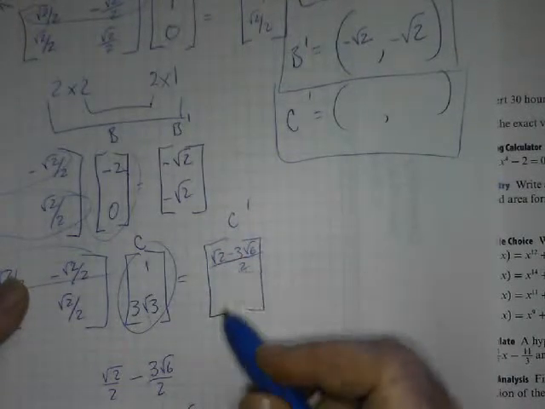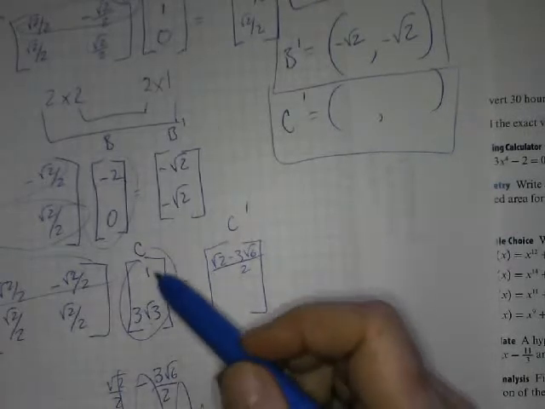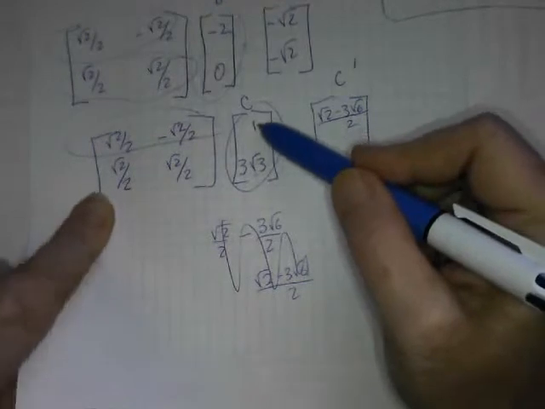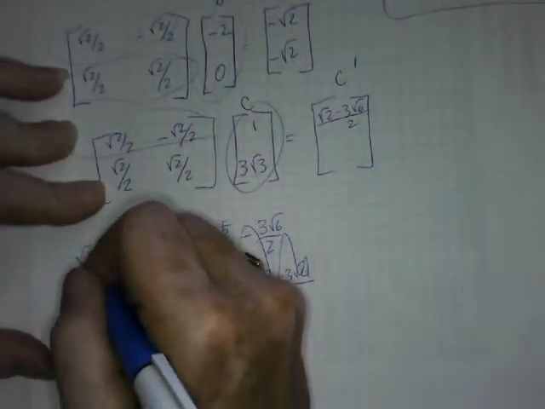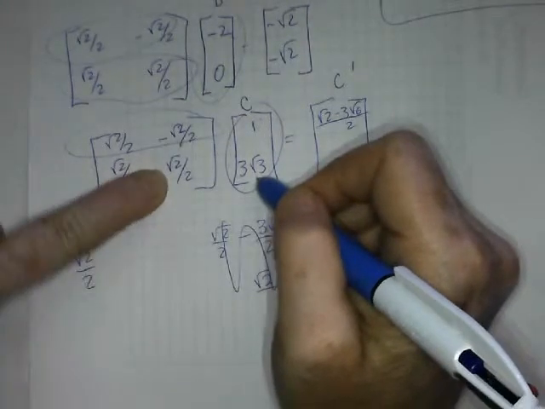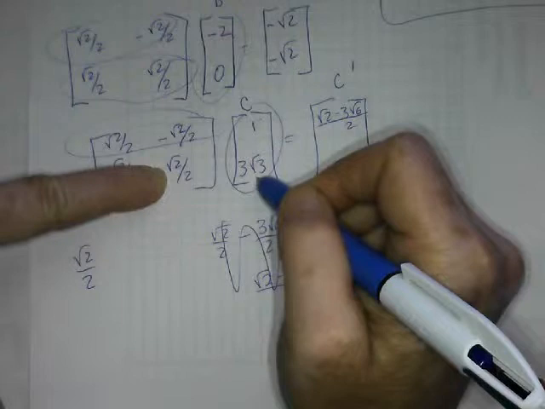And then the second ordered pair is going to be, well, that's going to give me root 2 over 2 again. And then that times that, oh, was it going to give me the same thing? But with a plus sign in between, huh? That's going to be, what does it say? It's going to be 3 root 6 over 2.